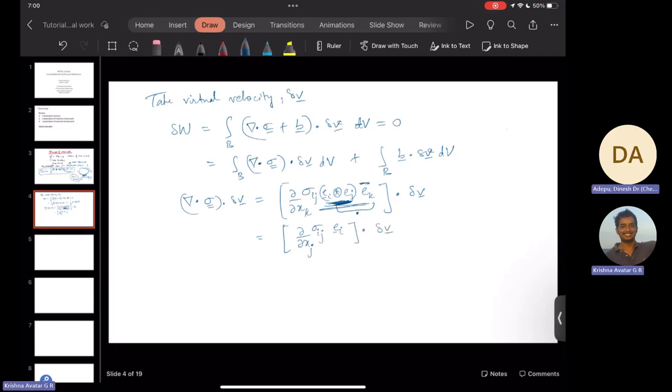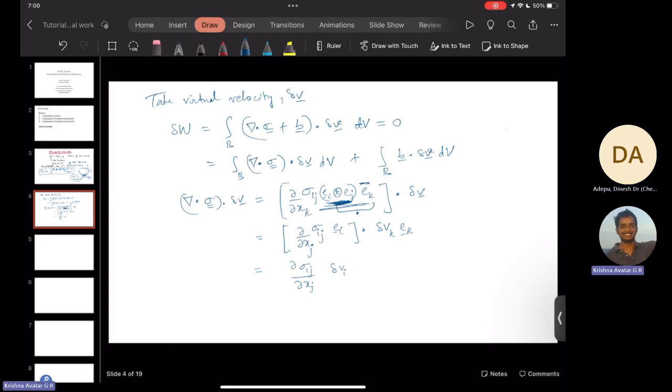Then divergence of v: we'll have ∂sigma ij/∂xj and then ei dot, and this also we can expand, call it vk and ek. So all we'll have after the dot product is delta jk and ei dot ek.